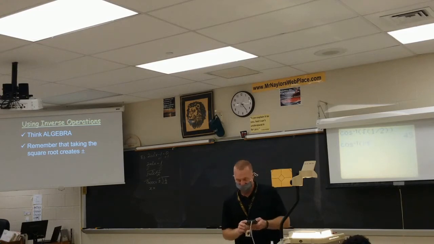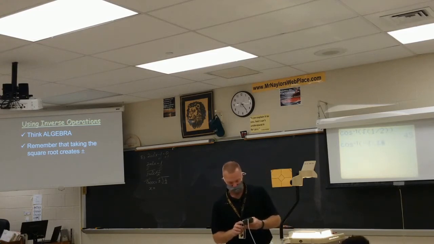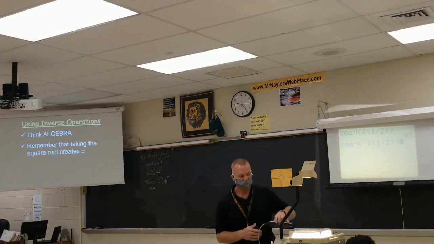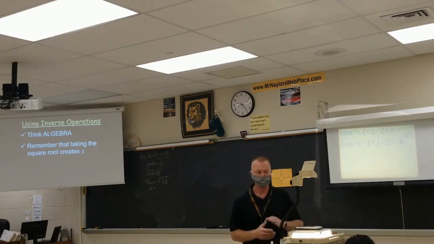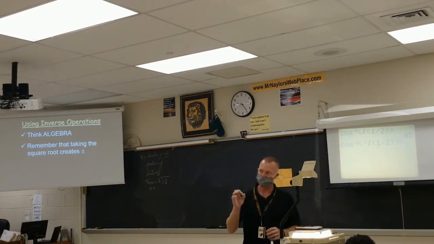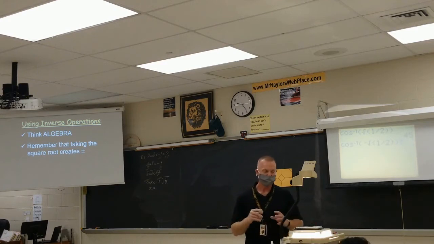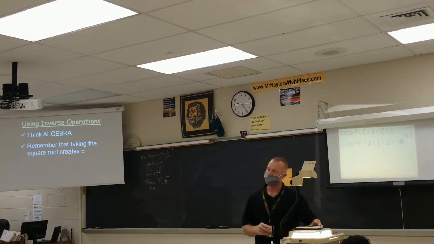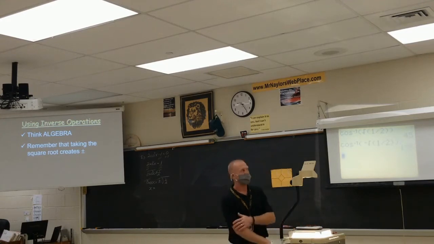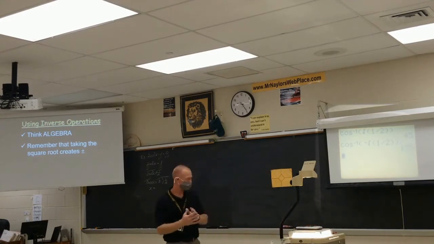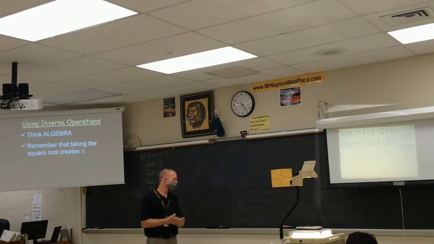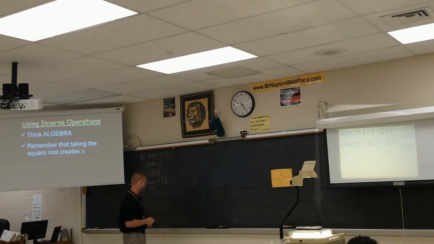It will always be an angle. But for this problem, I end up with 2 angles because I'm also going to do the inverse of negative square root of 1/2. Careful where you put the negative. The negative is on the outside of the square root. And again, you get an angle, a completely different angle, 135.